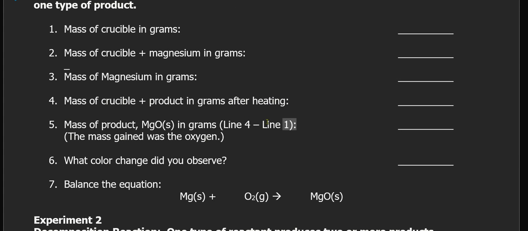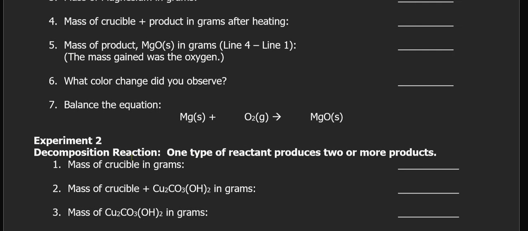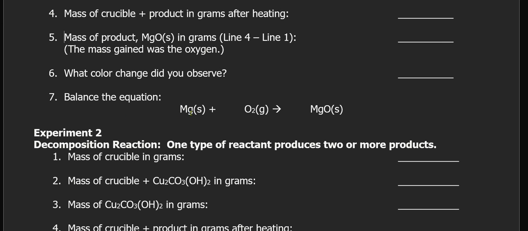And I outline exactly what you're calculating for some of these lines, right? Our number lines. And then at the end of each of these, you are balancing it. And you are taking some more qualitative observations as well.